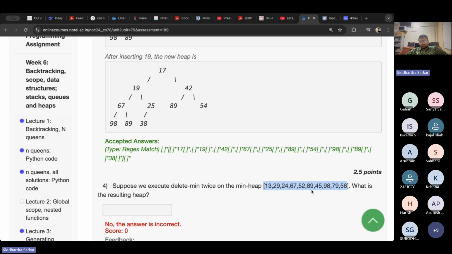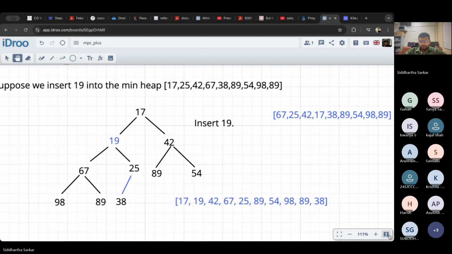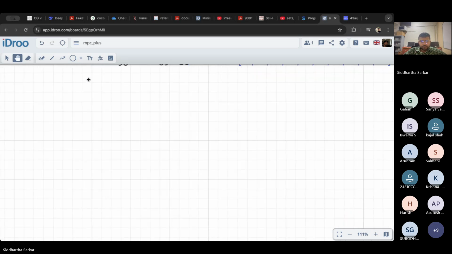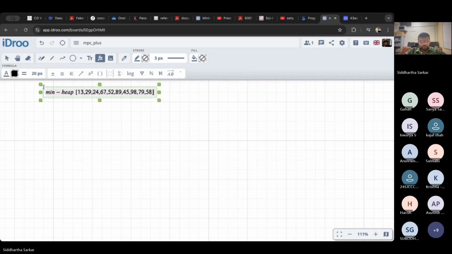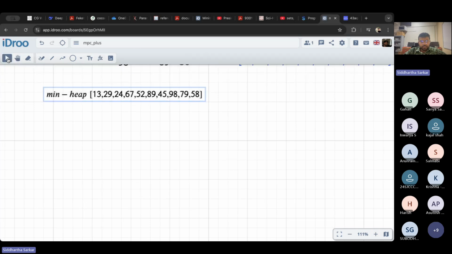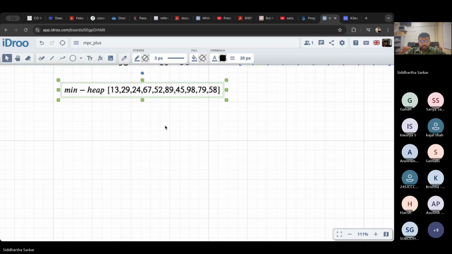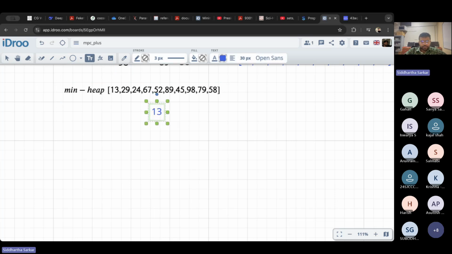So I will give you time, but I will also draw this. I will draw the min heap, the original min heap, and then I'll perform two delete min operations on this. So here is the description of the min heap in the list format, and 13 is the root.